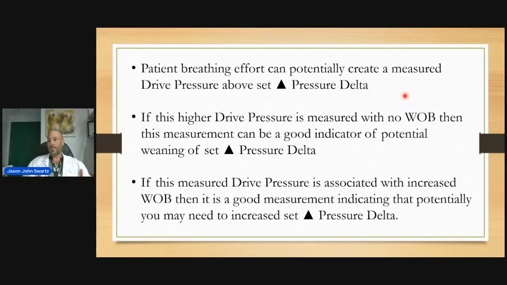Or you have to figure out, is this a de-recruited patient, and does the patient have recruitment of their FRC? Do they have that potential? Because that is really what's going to fix your increased work of breathing. It's recruiting more alveoli.